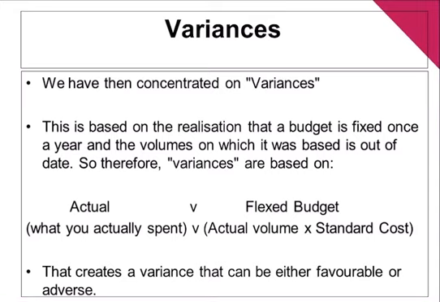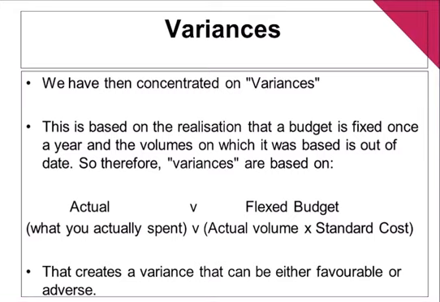So the way that you do that is you do actual versus flexed. And what we mean by that, again as it shows you on the slide, is that we have actual, that's what you actually spent, versus your actual volume times your standard cost.